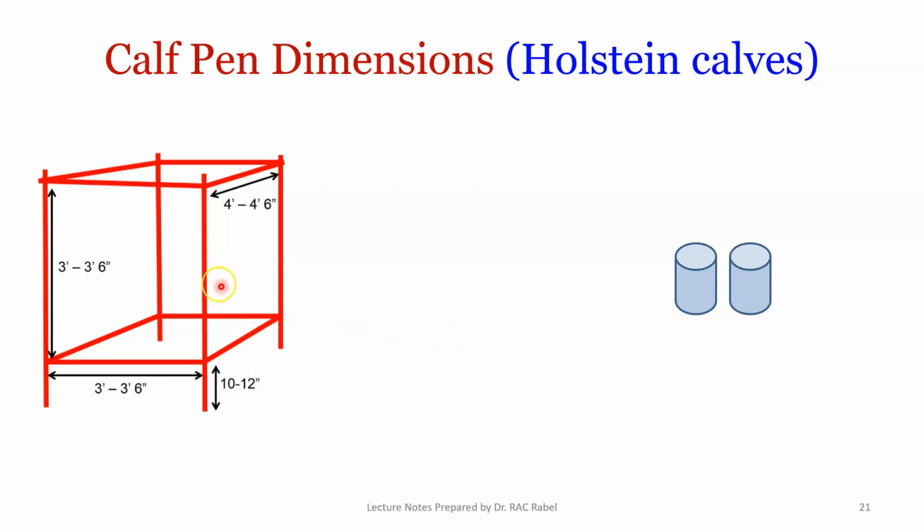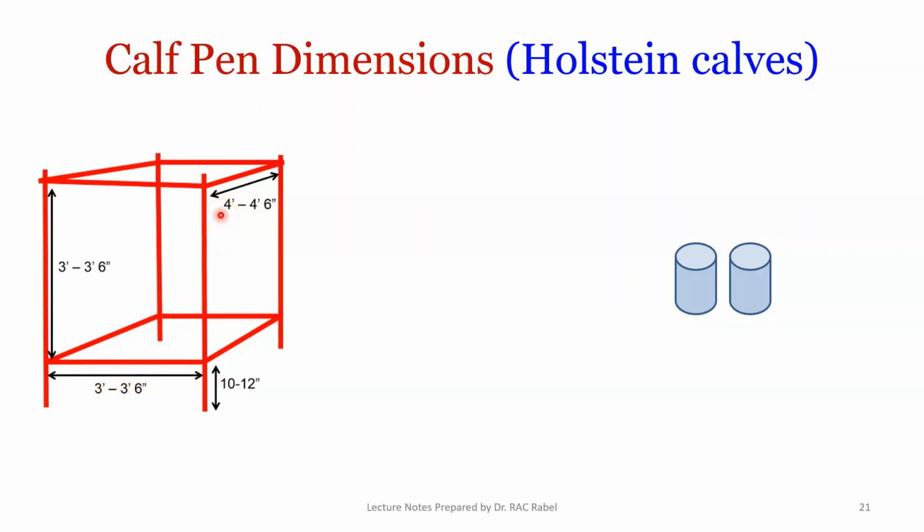So like I also said earlier, we can't give set dimensions because certain breeds can be smaller than others, right? So we say usually 3 to 3.5 feet wide, right, and 4 to 4.5 feet long. So if it's a large calf, it should be on this side, and if it's a small calf, it should be on this side, right?